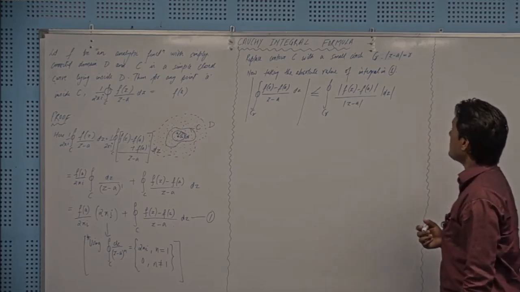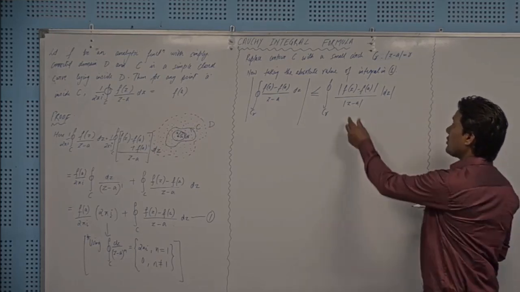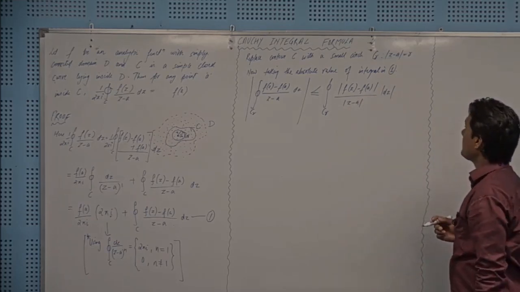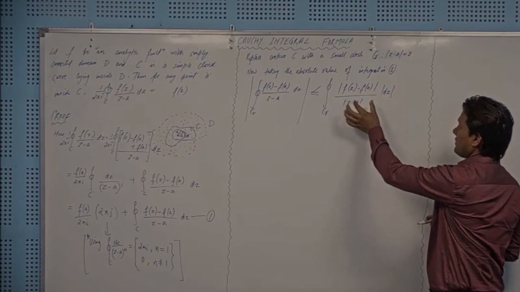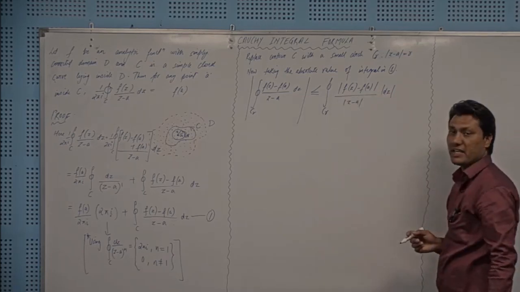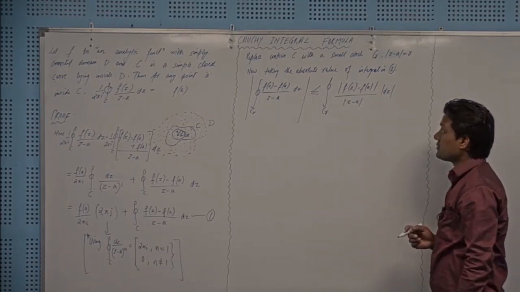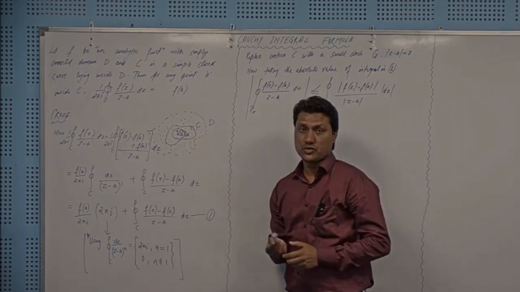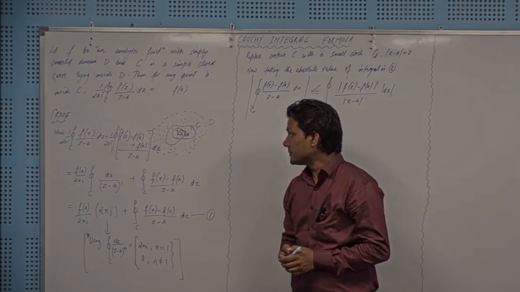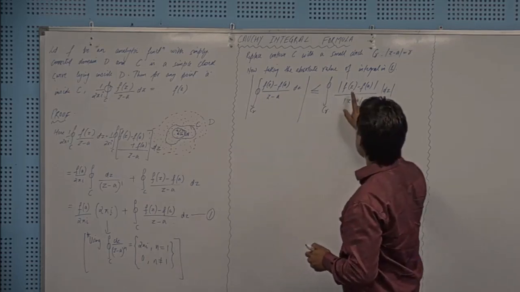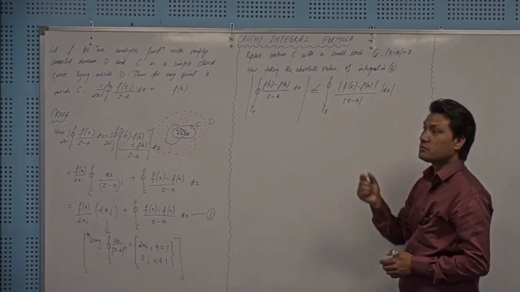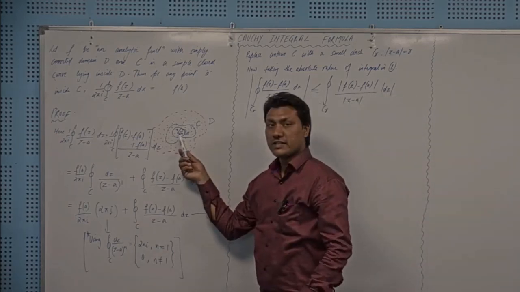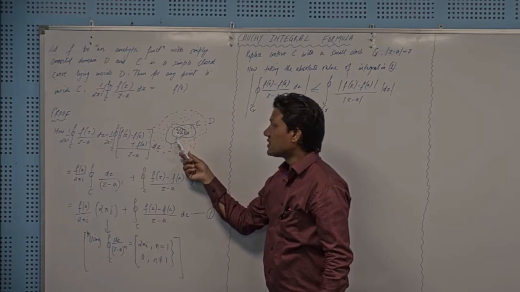Now you see that mod of z minus a is actually equal to small r. And focus on this term, mod of fz minus fa. You have to choose this small r, the radius of this inner circle, as small as possible. When you do that, this fz minus fa will be very small. Why? Because a is the center of the circle, and z is a point lying on the boundary of the circle.